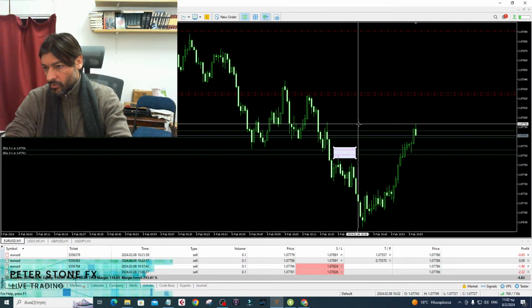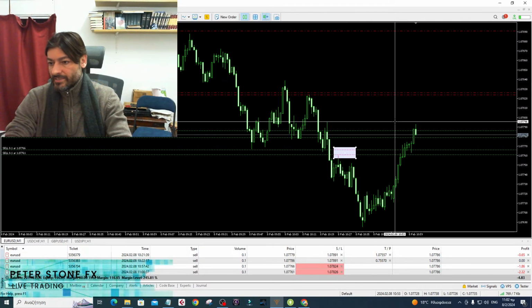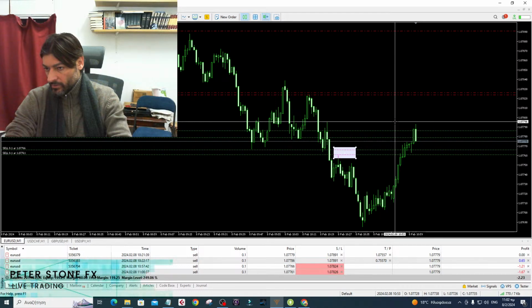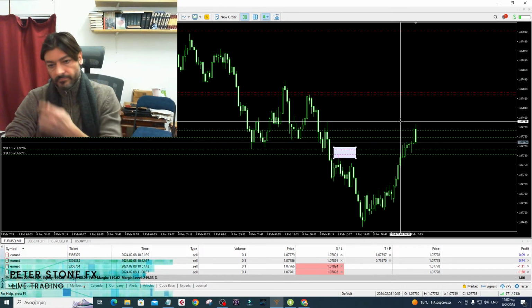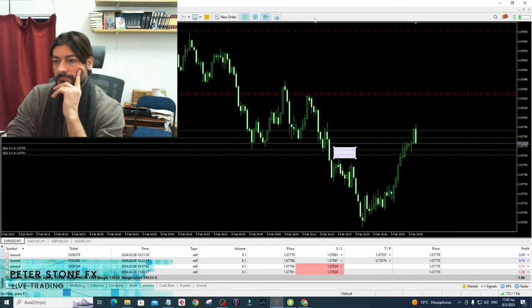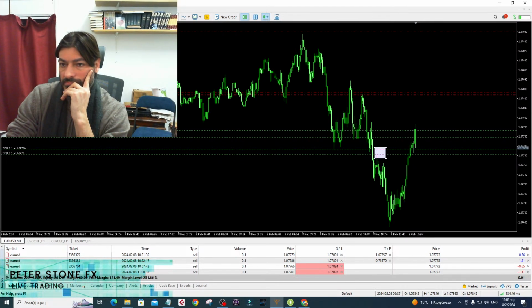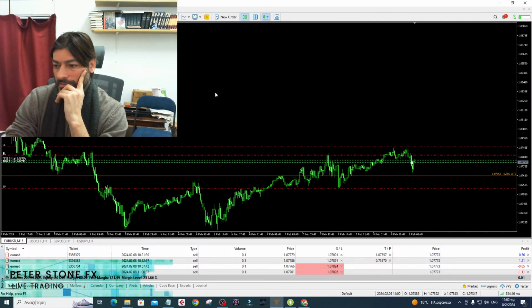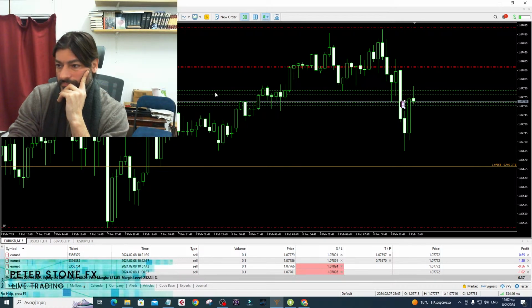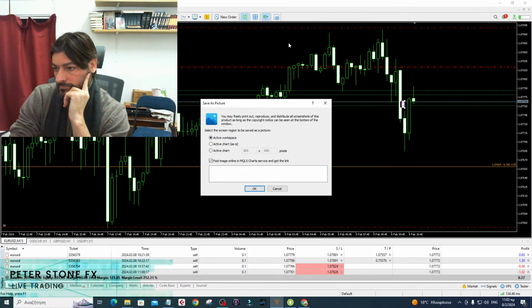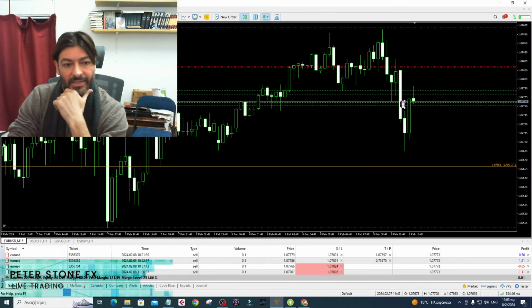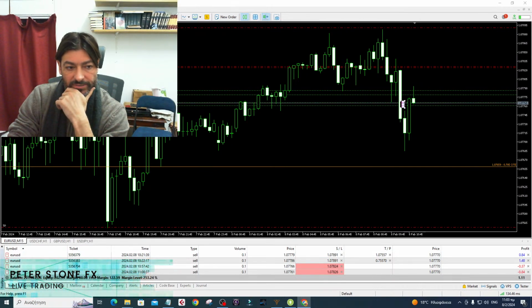Okay, a little bit lower here, so that might suggest that price is not willing to go up, as we can see the reaction now. Let's journal the trades. A better image of the trades as a whole.